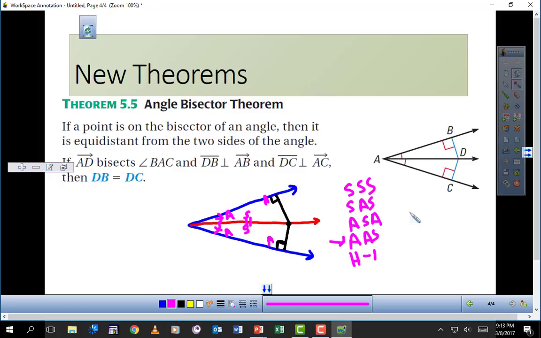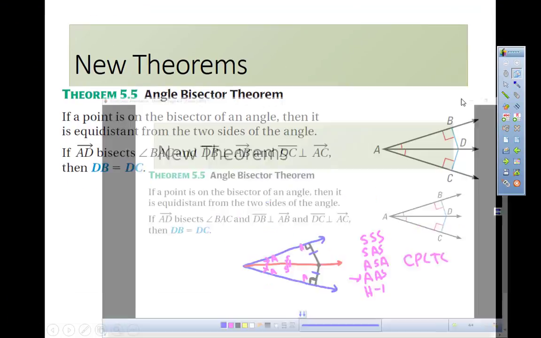Well, then we could use the idea CPCTC. Corresponding parts of congruent triangles are congruent. And since these two are the corresponding parts, we now can say that that side is congruent to that side. So there you have it. There's our theorem, and I just proved it for you. And you should be glad we're not going to do any proofs in this assignment. At least I don't think we are.